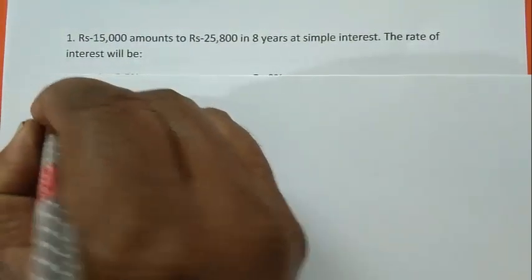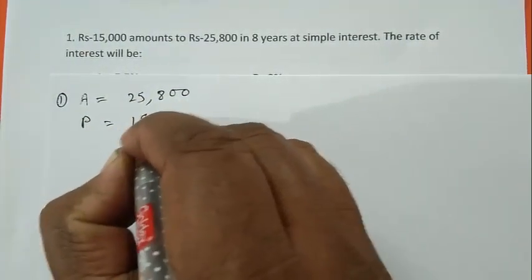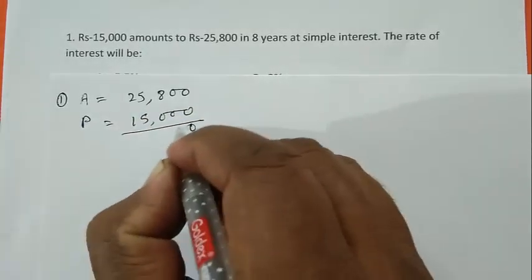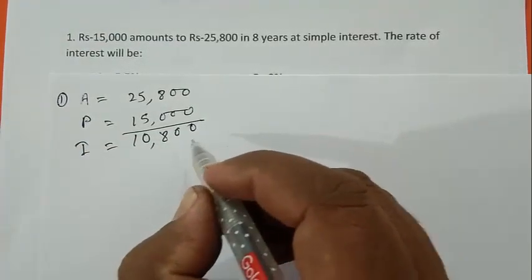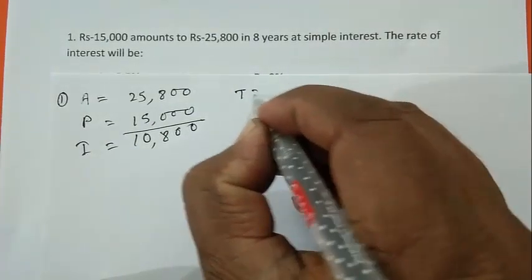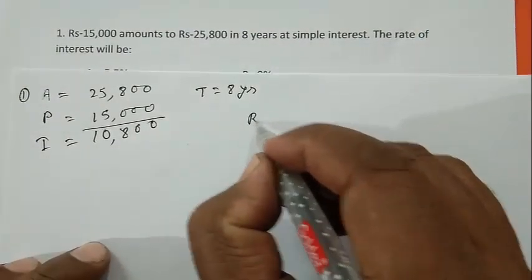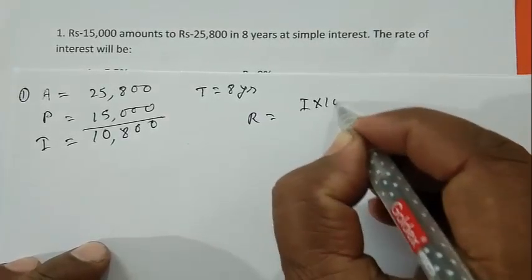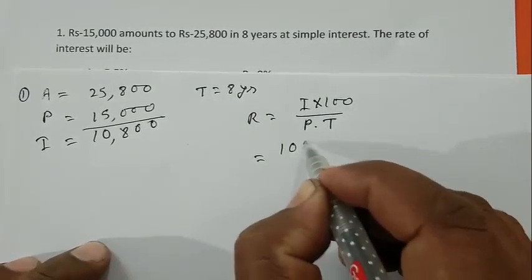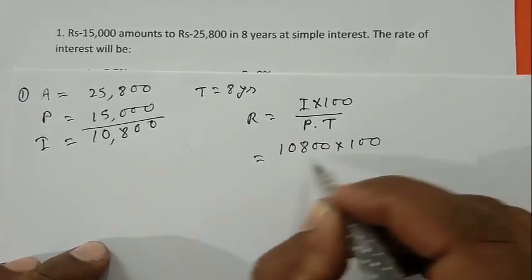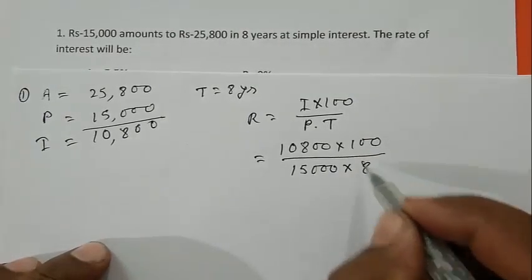Amount equals 25,800, principal equals 15,000, so interest equals 10,800 in time 8 years. So rate equals I into 100 by P into T, that is 10800 into 100 by 15,000 into 8 years.